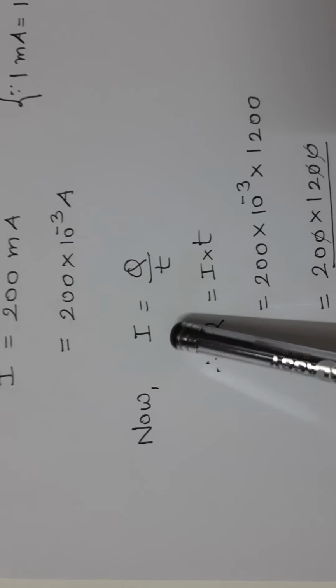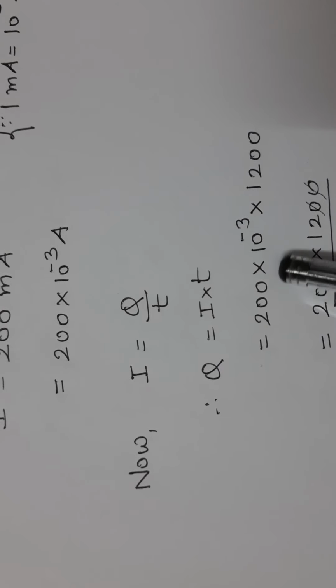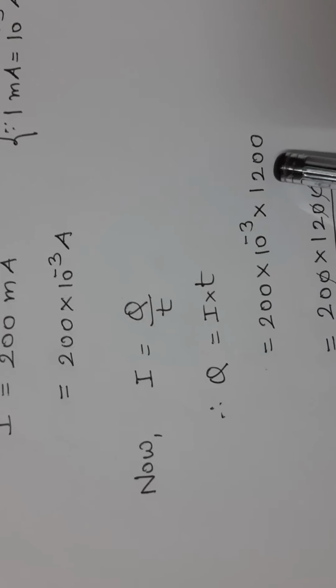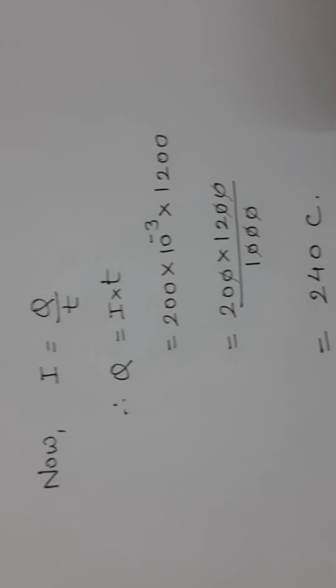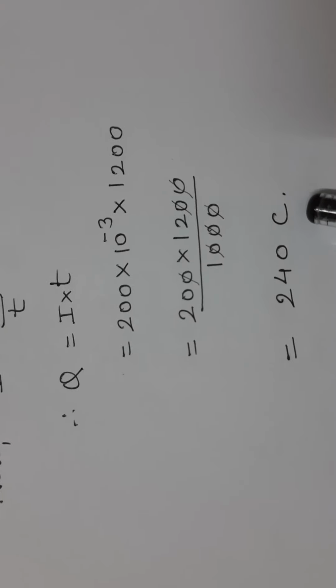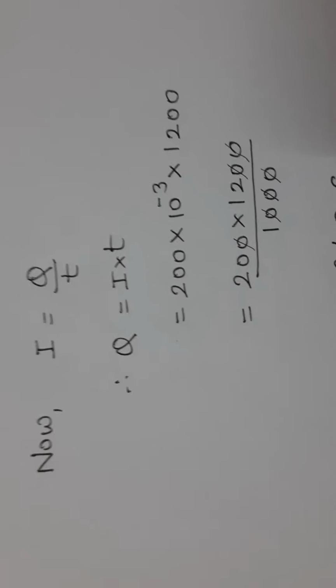So I is equal to Q upon T. I we know, 200 into 10 raised to minus 3. Time we know, 1200 second. And that's why on simplification, we will get the answer 240 coulomb. So 240 coulomb of charge flows.